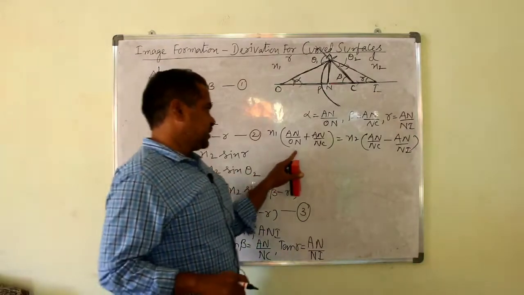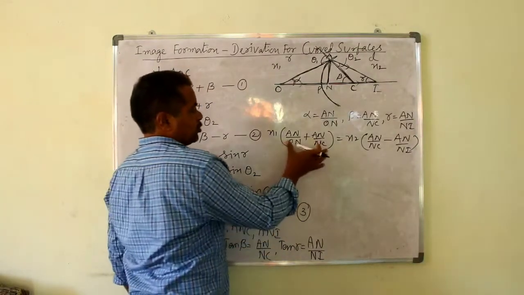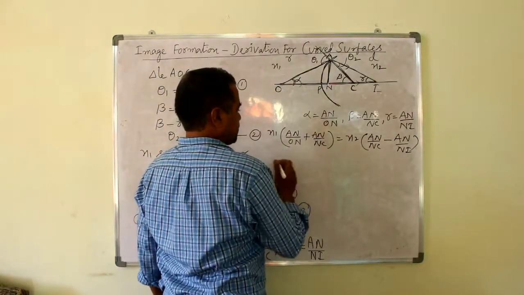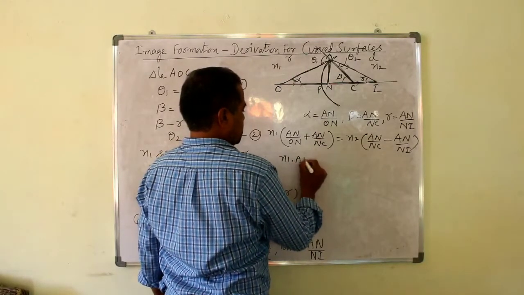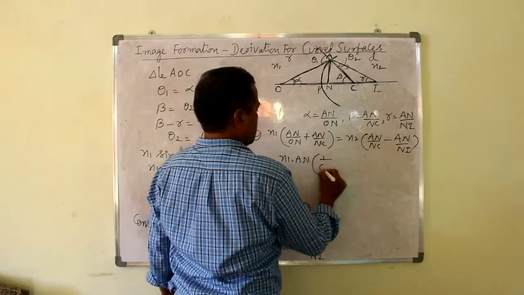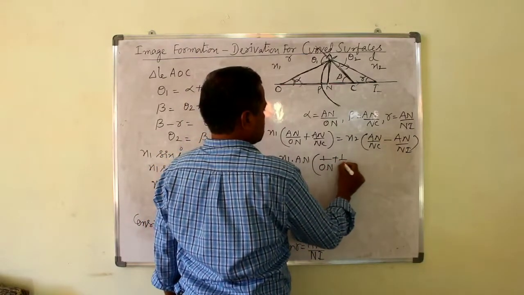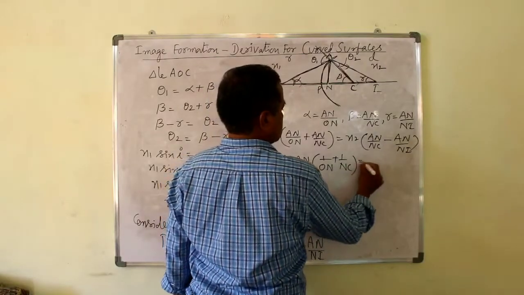On the LHS, in both terms AN is present, so n1 into AN (1 by ON plus 1 by NC).